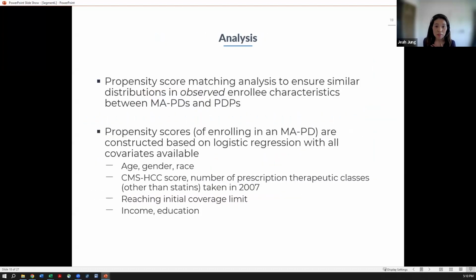And then the analysis. Because we know that with MAPD and PDPs there are always selection issues, and we didn't have a good instrument then, we simply used propensity score matching. But it was a very strict one-to-one nearest neighbor matching to ensure similar distribution in observed characteristics between MAPDs and PDPs. We estimated the probability of enrolling in MAPD using all the covariates available.